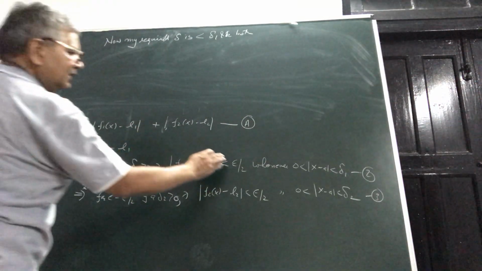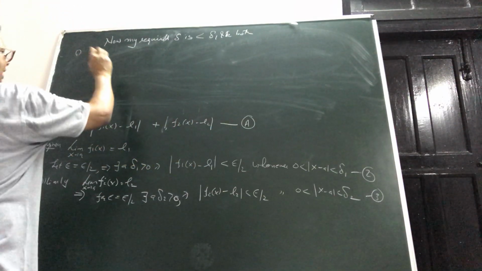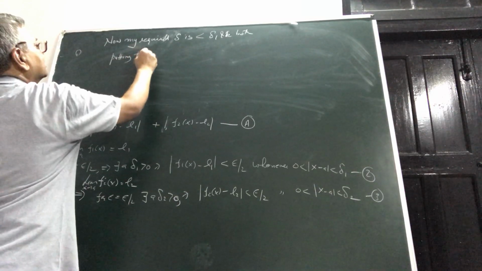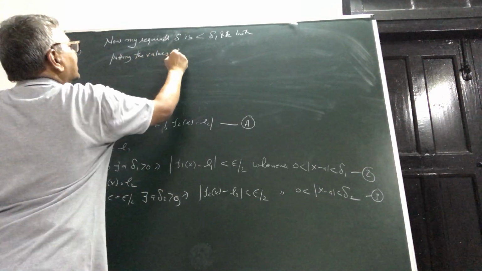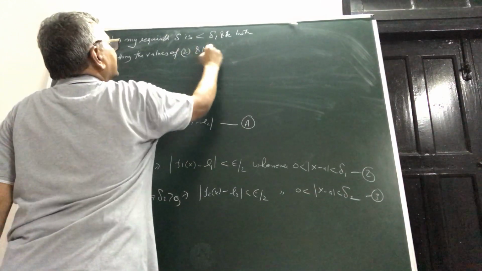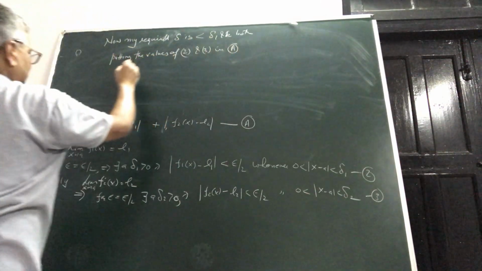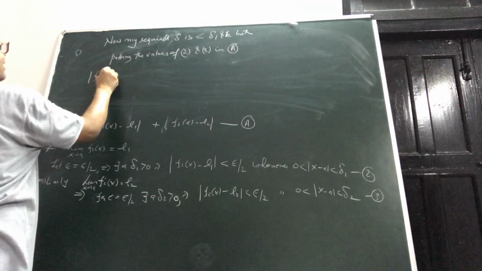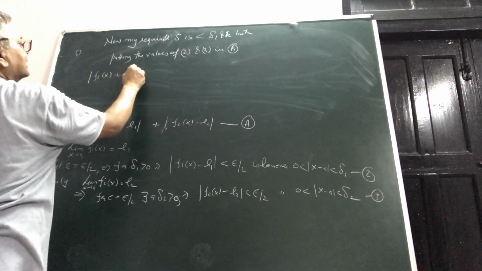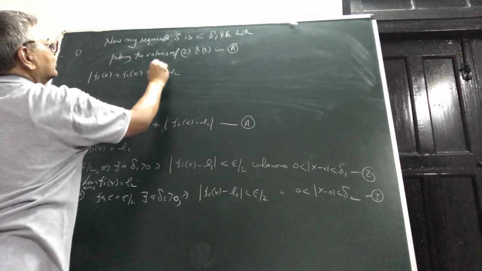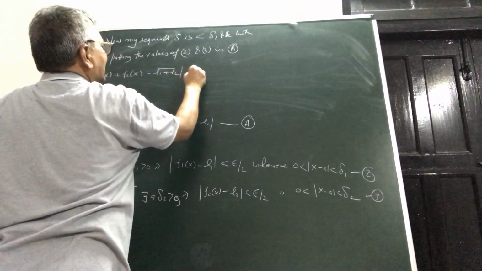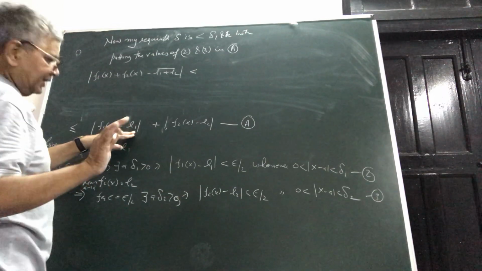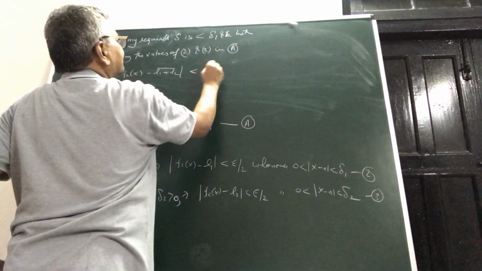Now putting these two values in equation 1, putting the values of 2 and 3 in A, what we get is mod of f1x plus f2x minus L1 plus L2, which will be less than mod of f1x minus L1, which is less than epsilon by 2, plus mod of f2x minus L2, which is also less than epsilon by 2.